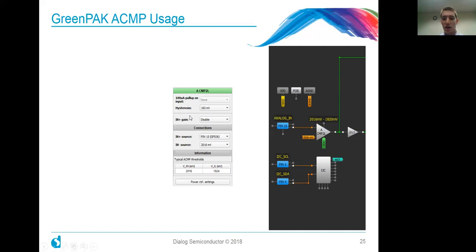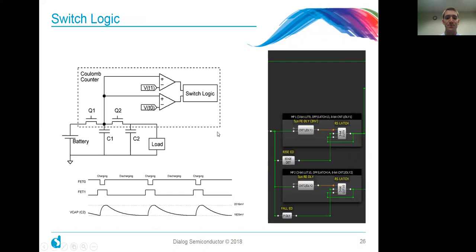So it's at 192 millivolts of hysteresis, and that's going to be big enough of a gap for us to change the transfer level as we go back and forth, and it's going to be constant. So we'll set the internal reference at about 2 volts, and then we'll have 200 millivolts of hysteresis, and that's going to give us our two threshold values of 2016 for VIH and 1824 for VIL. So this is really powering kind of the heart of the design of switching back and forth to phases.